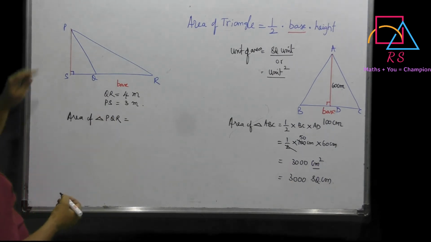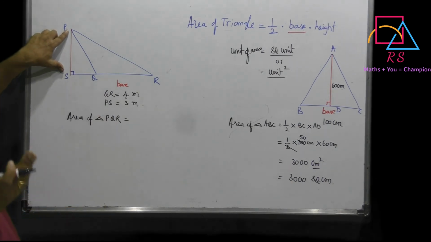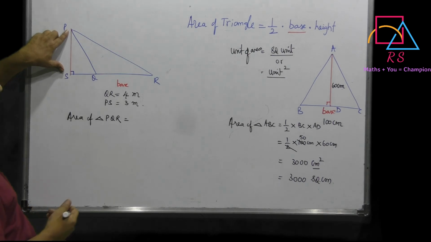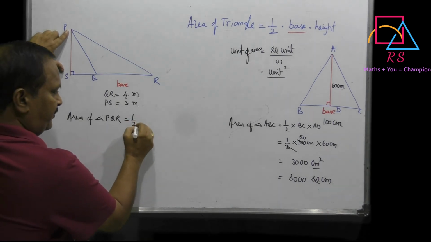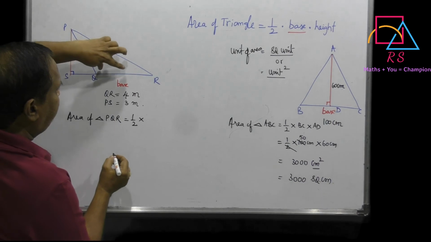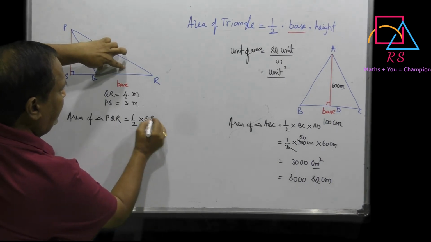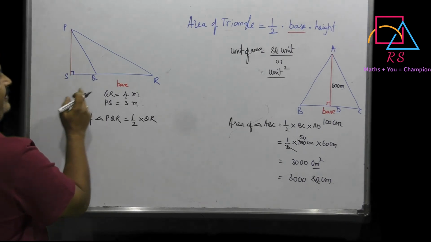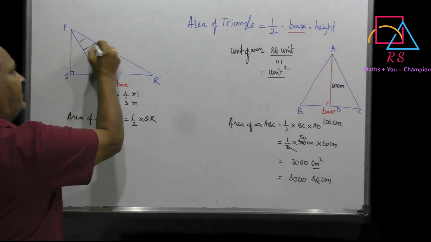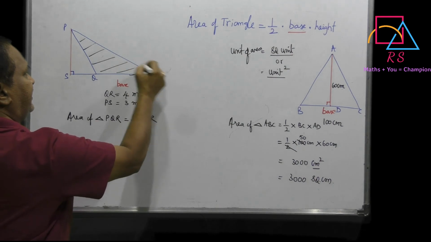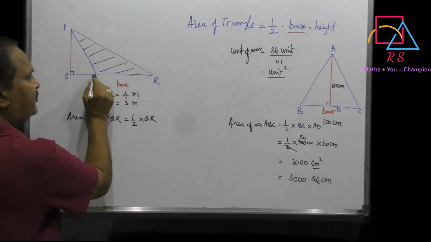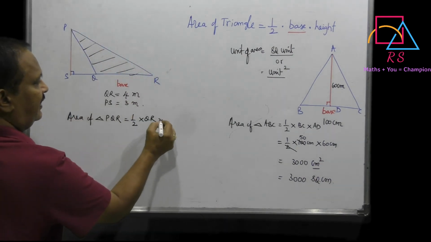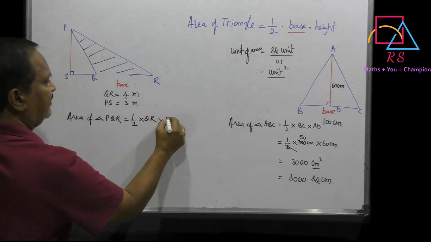I told you here in this case the height is lying outside. So now half into, what is the base here? Base is QR. Don't write SR because QS is outside. The figure is only PQR. So that is why you should write QR as the base and height is PS.